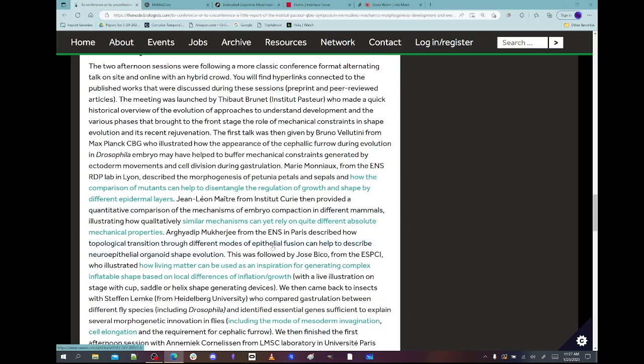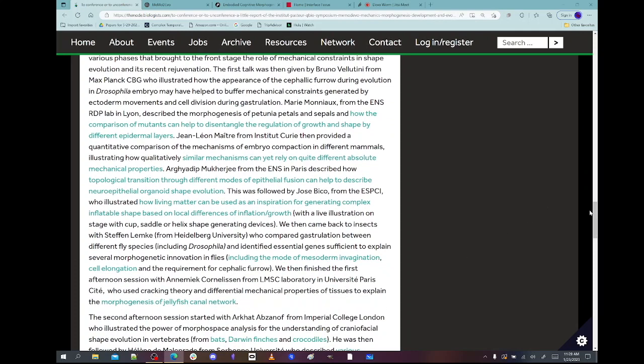So it's very interesting work. More generally, there was a focus on soft materials, or biological systems as soft materials. Of course, biological systems contain soft materials, but there's this idea of soft materials and living matter that we talk about in the meetings that they emphasized in this set of talks.